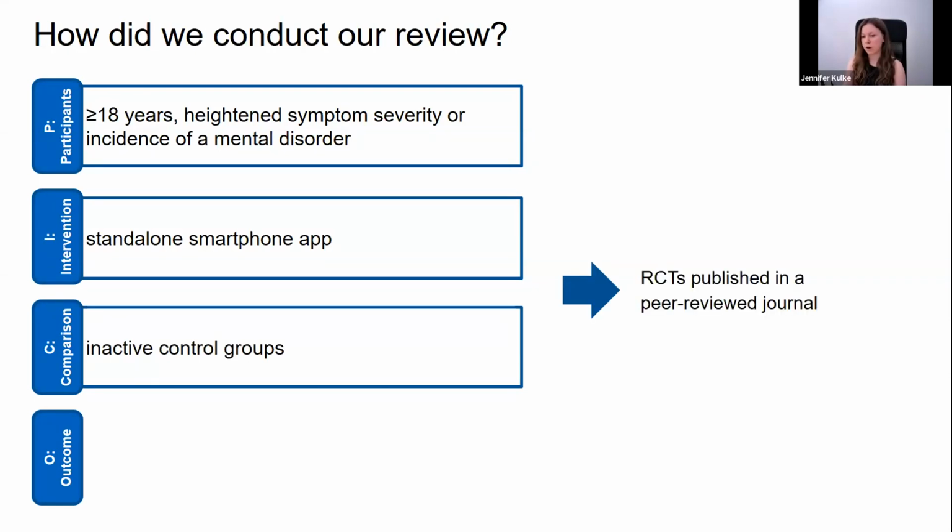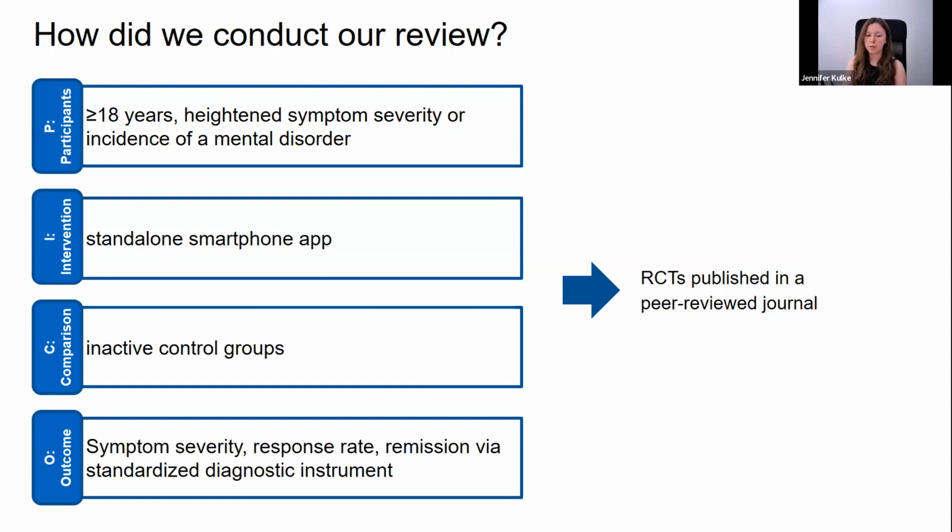We only included RCTs published in a peer-reviewed journal. And the outcome could be symptom severity, response rate, or remission via a standardized diagnostic instrument. We primarily looked into primary outcomes.